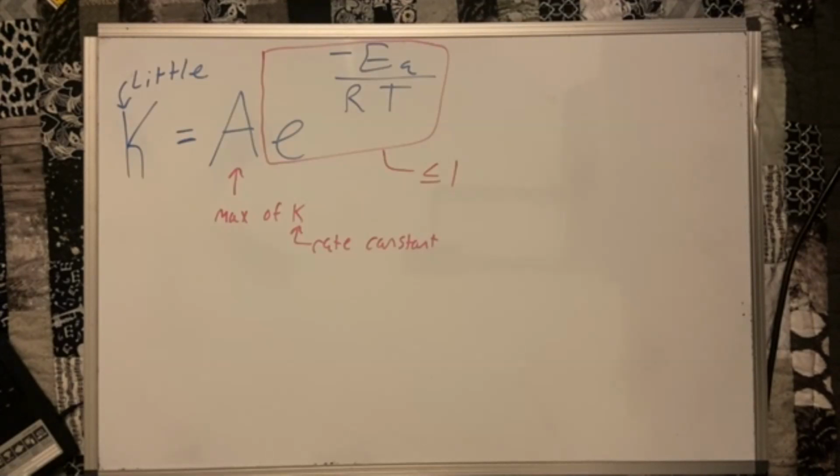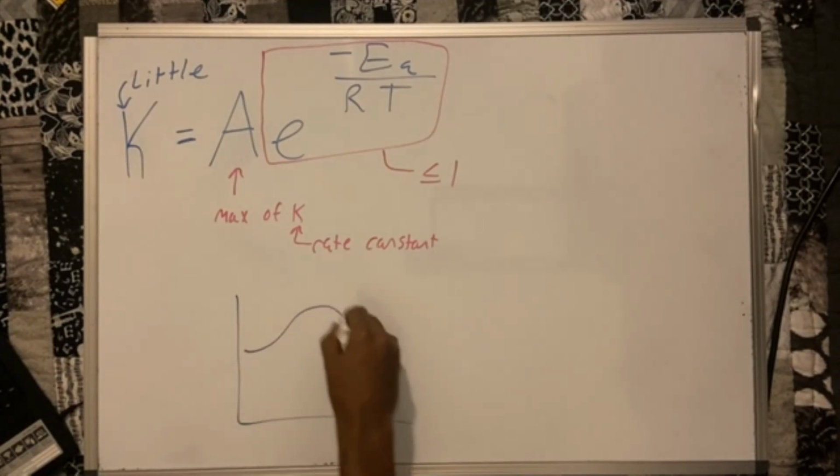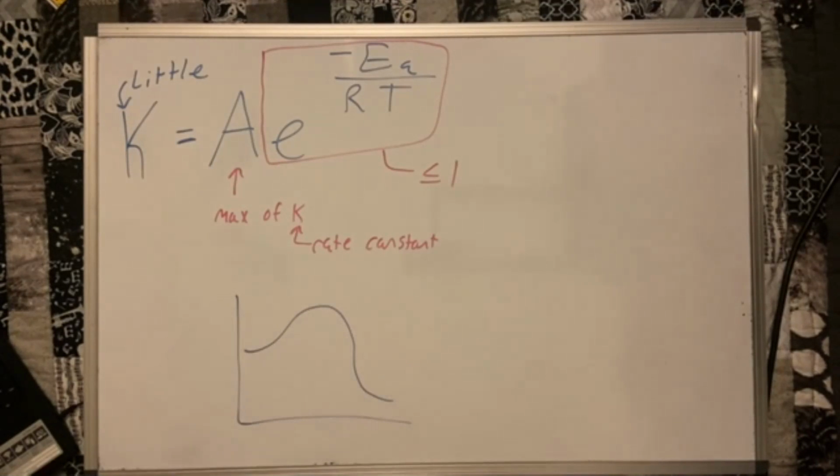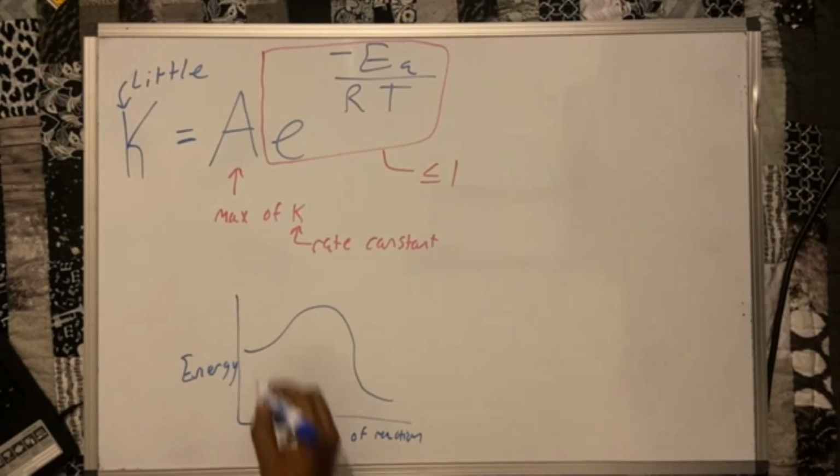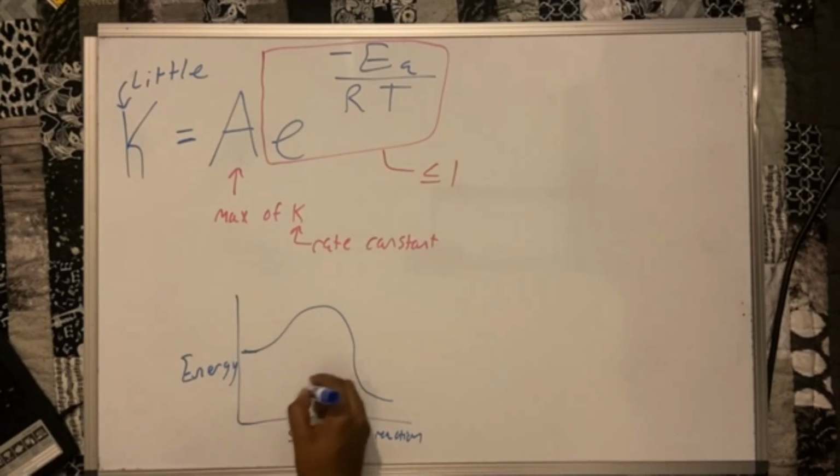That makes sense. And then the other question is basically asking you about this thing, right? Remember this, this is the state of the reaction, and this is energy. They're asking you about this little bump.